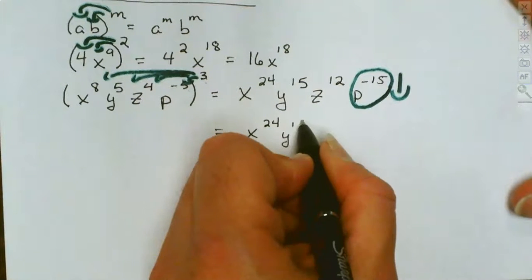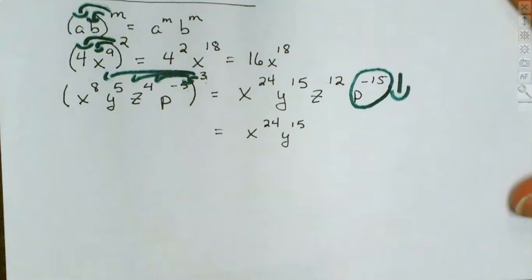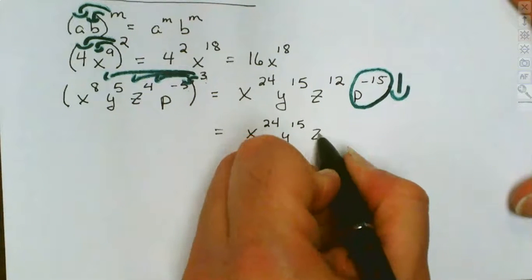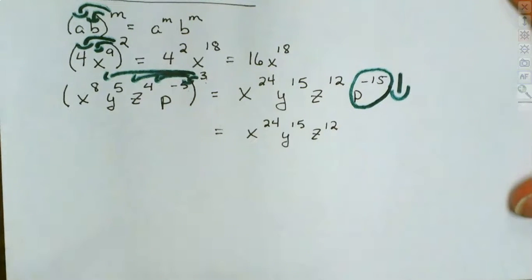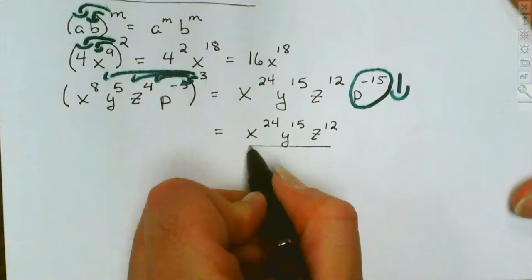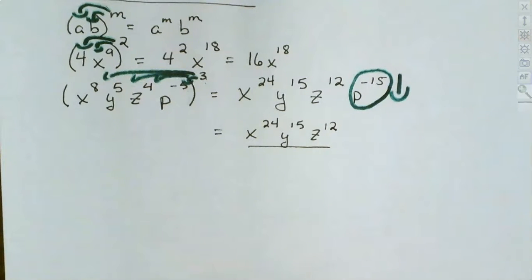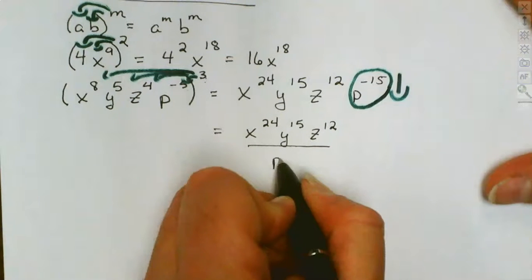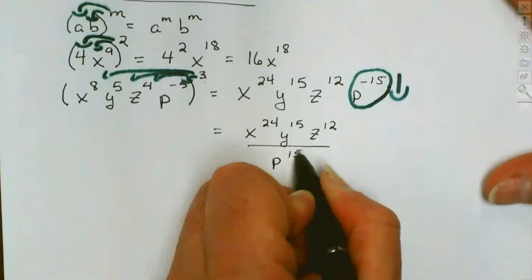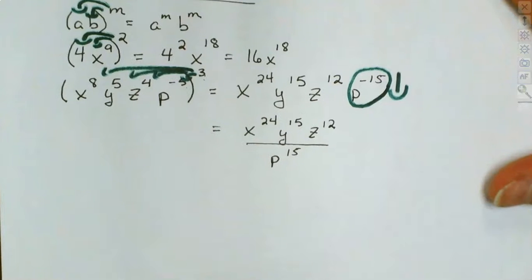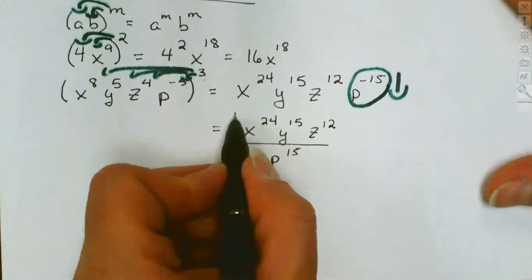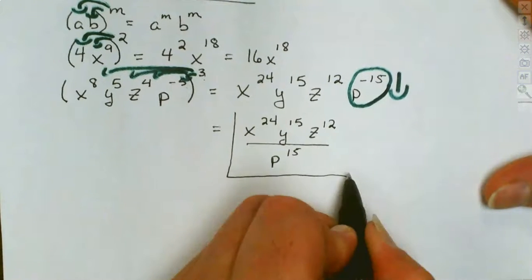Y to the 15th power, that stays on top. Z to the 12th power, that stays on top. But what about that p to the negative 15th power? Well, it has a negative exponent, so that would come down as p to the 15th power. And it'll be positive when it comes down. And this is your final answer right here.